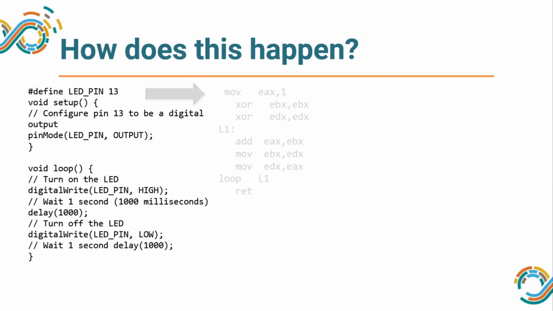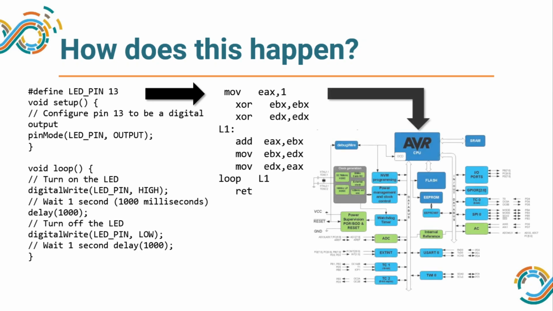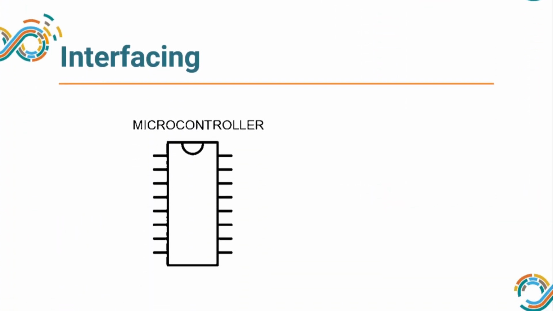This C program will be converted into an assembly program, and then these assembly programs are converted into the statements and given to the microcontroller. So all this will happen inside the microcontroller. You have to learn and worry about only the C programming part. So our task is easy. We have to only focus on learning C programming.